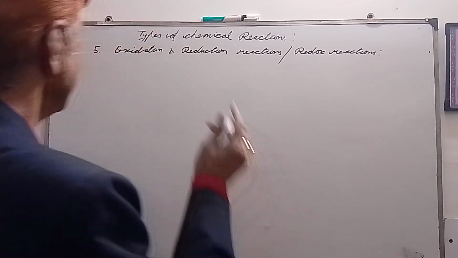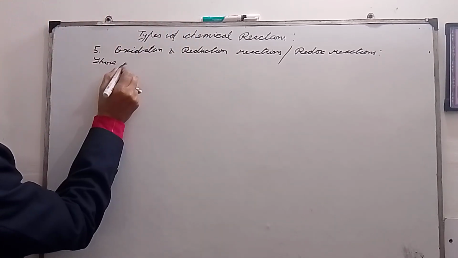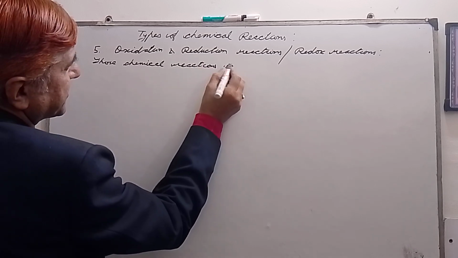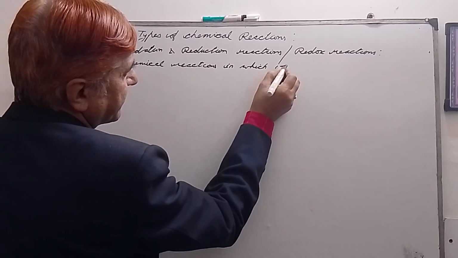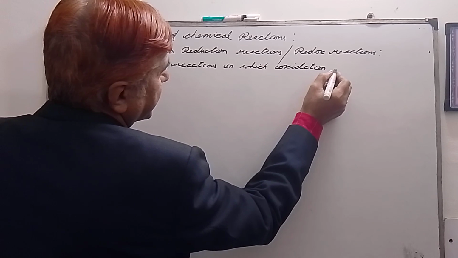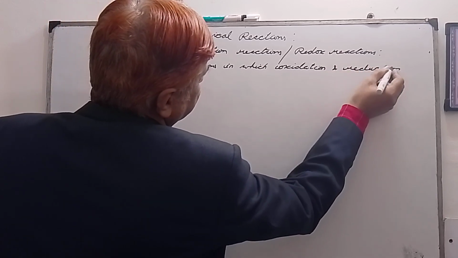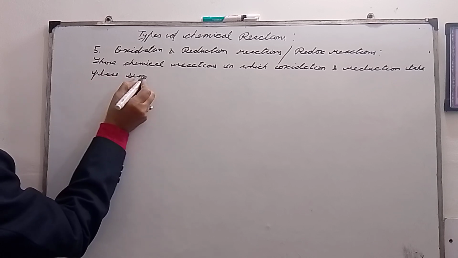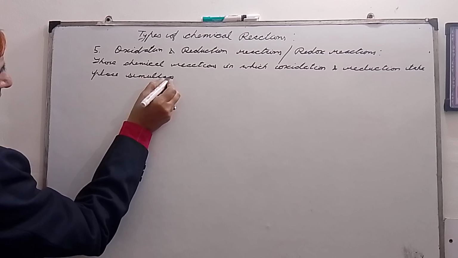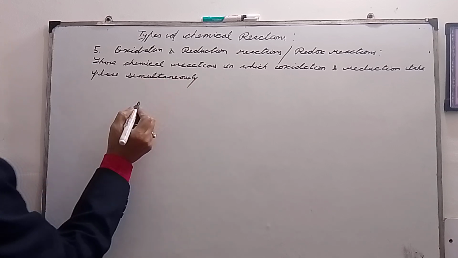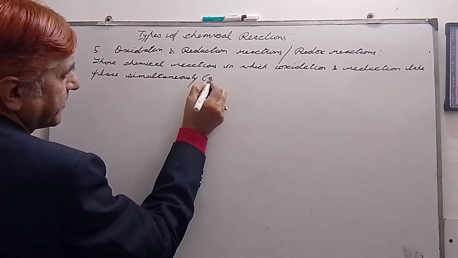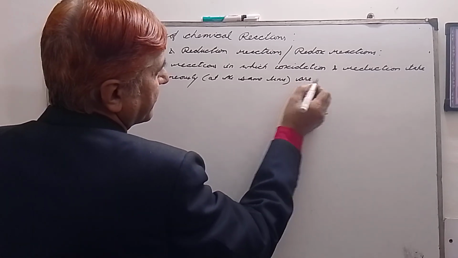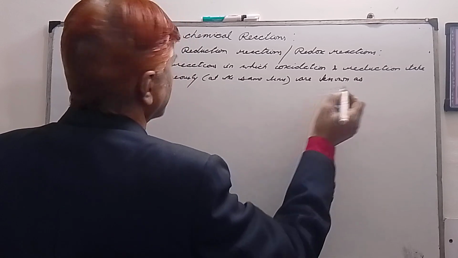So let me write this. Those chemical reactions in which oxidation and reduction take place simultaneously are known as oxidation and reduction reactions.